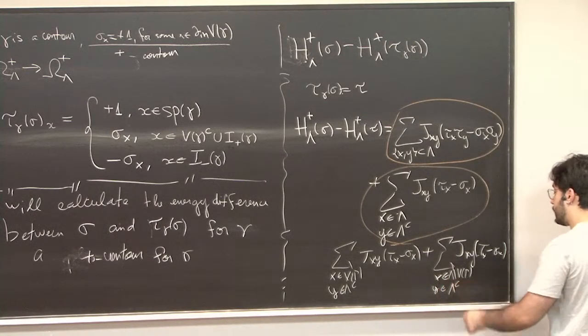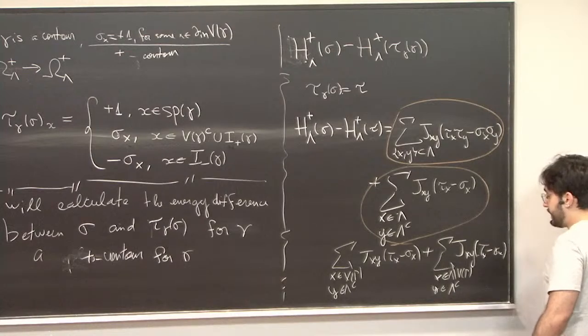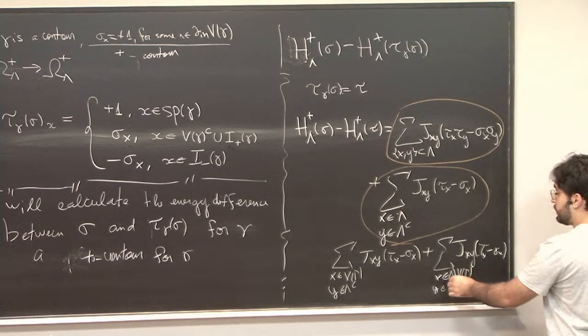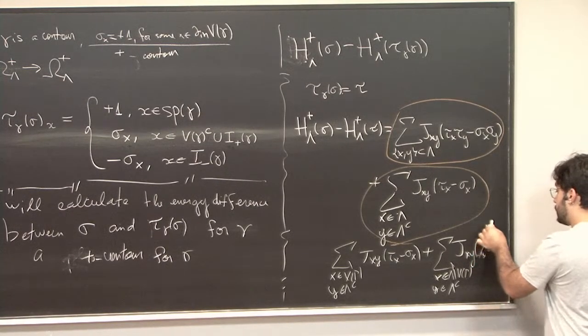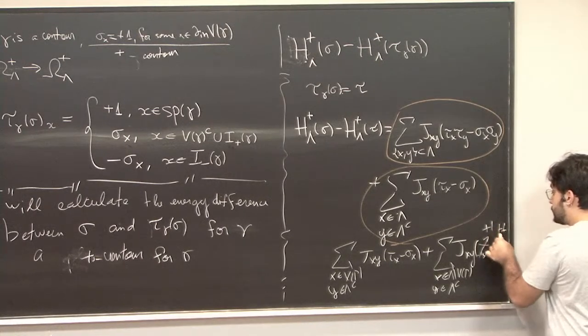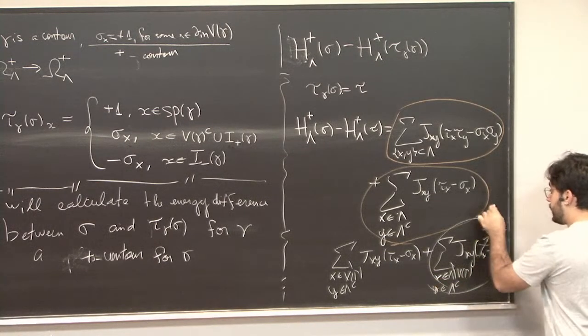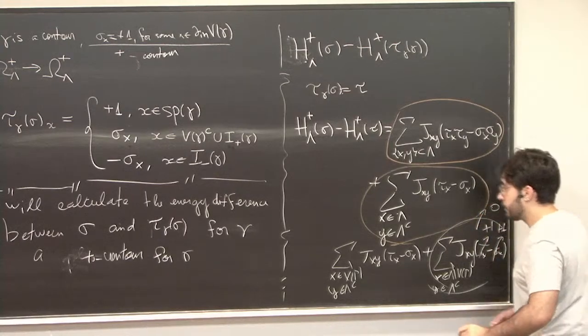By the same reasoning, in this region the sign of the configuration is constant and equals plus 1. So this is plus 1, this is plus 1. So this whole thing is actually 0.